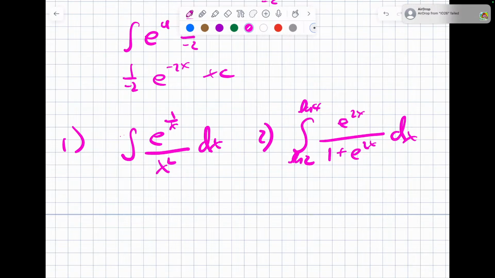Because you can take that 2 and put it through the exponent. So you have e to the ln of 4. Which just becomes, what happened to the 2?